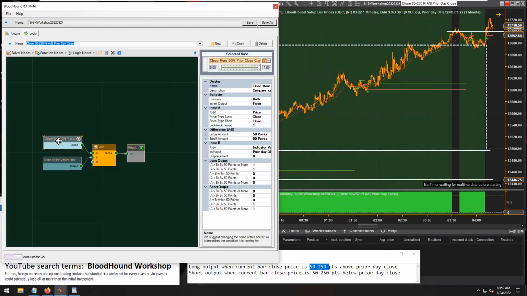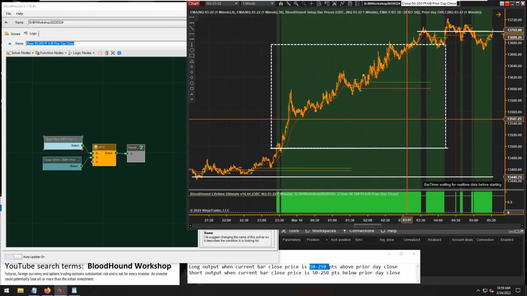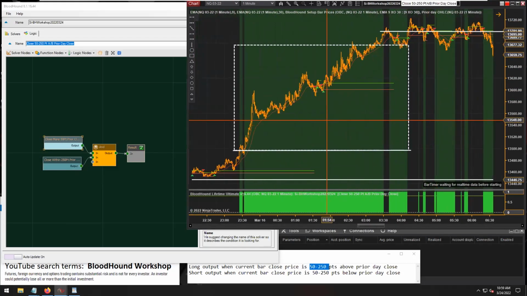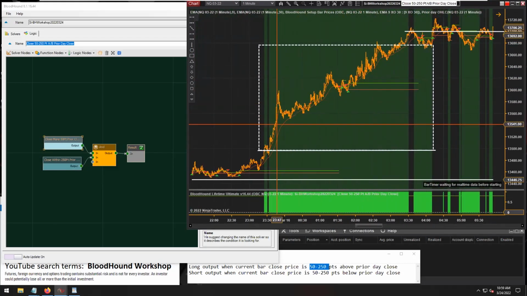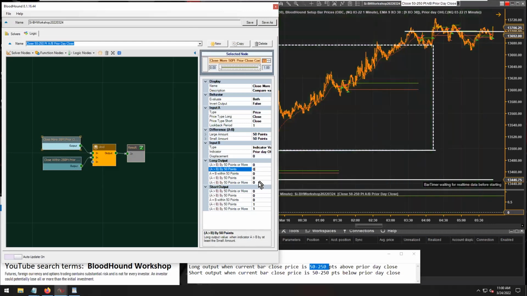So if we wanted the reverse of this, the opposite, so let's say we were looking for counter trend signals within this range, then the solver that sets up the minimum range, we would just reverse its output like so.